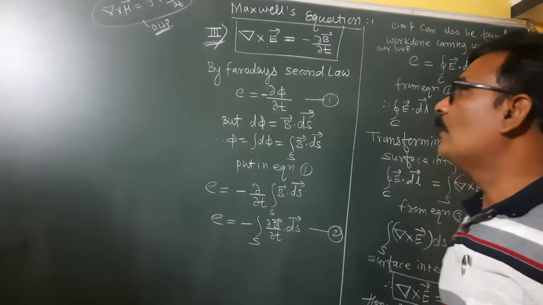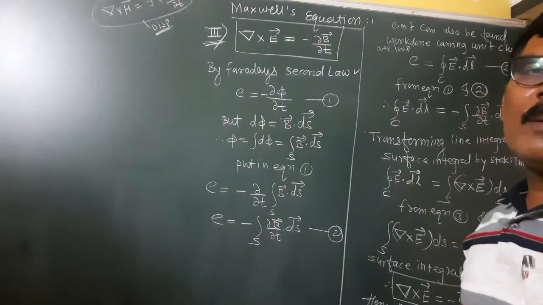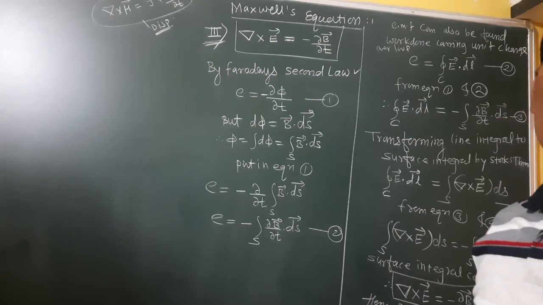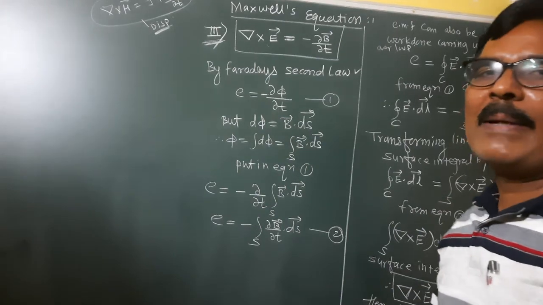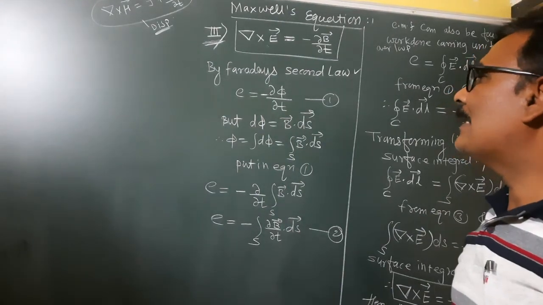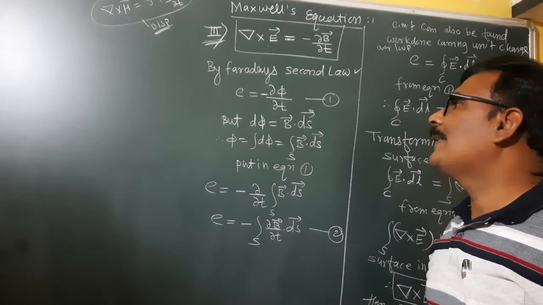By using Faraday's second law of electromagnetic induction, the induced EMF is directly proportional to the rate of change of magnetic flux, so E is equal to minus dφ/dt. The negative sign is by Lenz's law, since E and φ are oppositely directed.